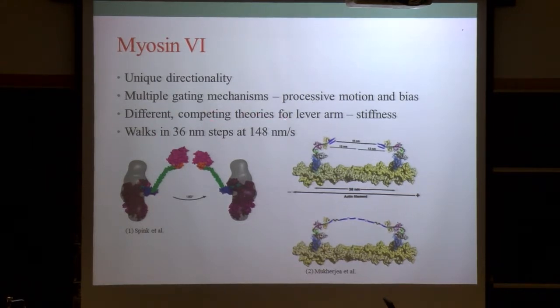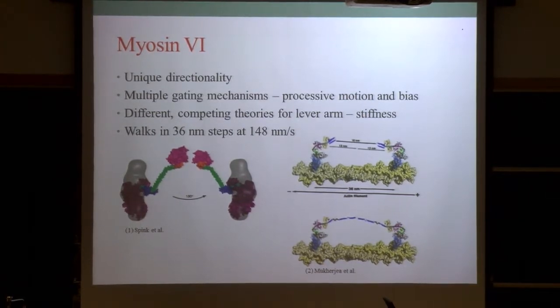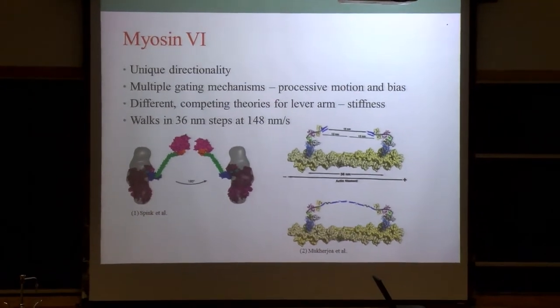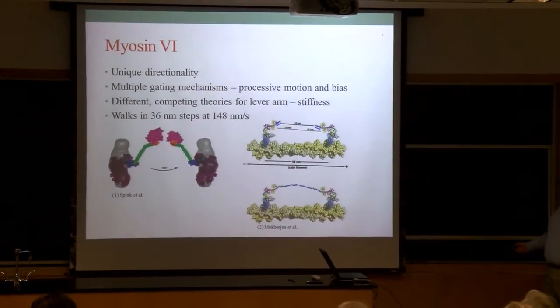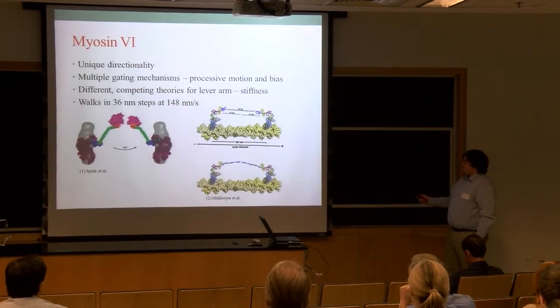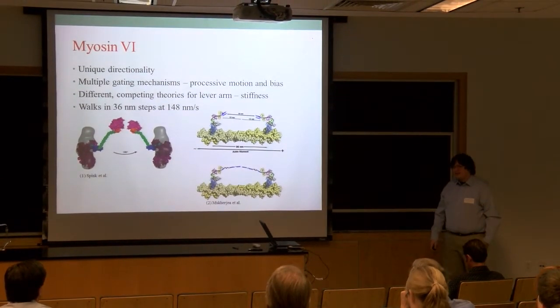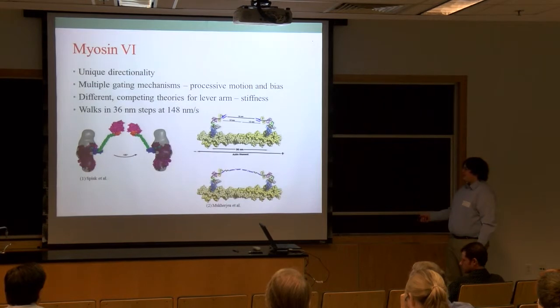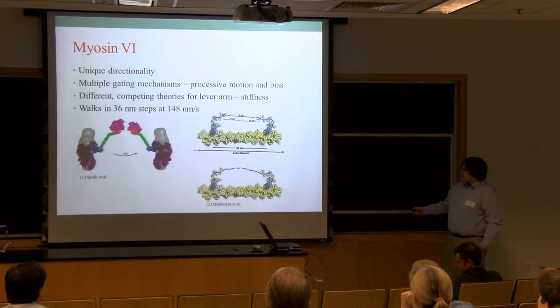And there are multiple gating mechanisms that cause it to have this processive motion, which means, why does it walk in one direction if it's just a stochastic, random walking protein? It's got to be from some sort of bias to how it's diffusing, how it's pointing at any given time. And that's where these lever arms come into play.